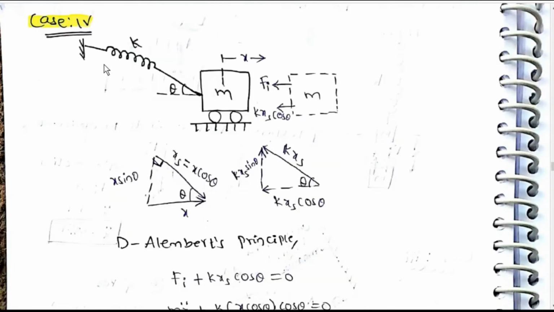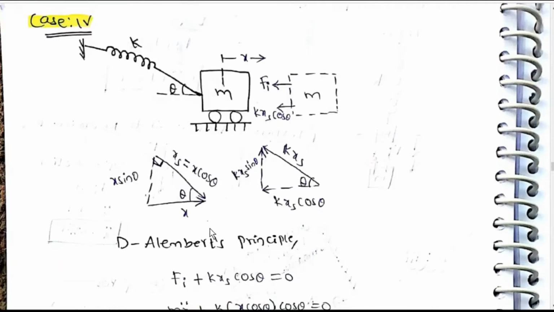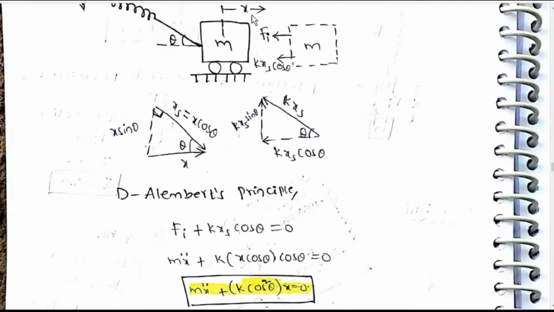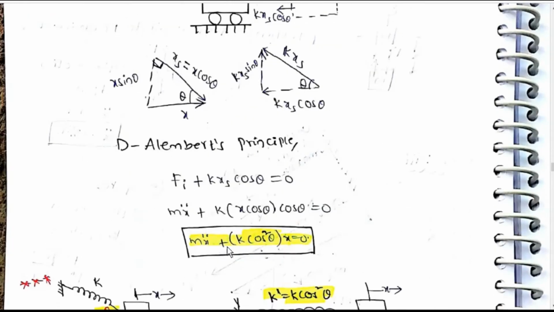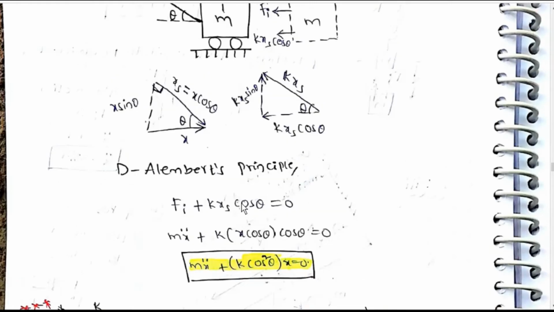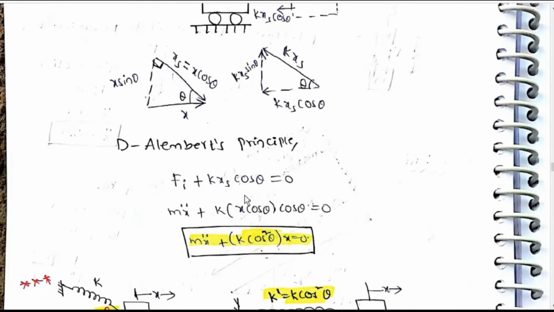Case 4: spring at angle theta, with spring force kx cos theta. D'Alembert's principle: Fi plus kx cos theta is equal to 0. Here x is different, and the spring displacement along its axis is different.